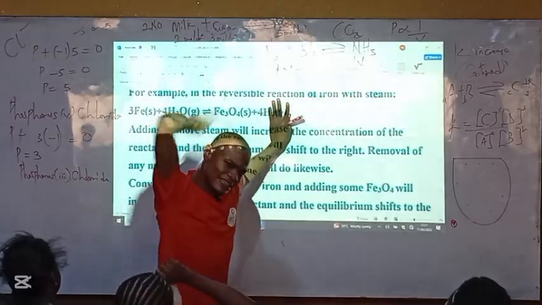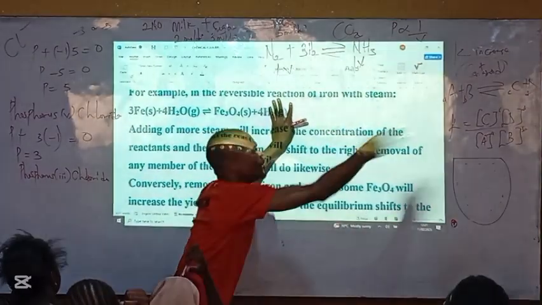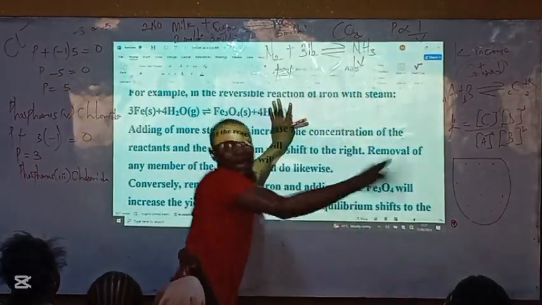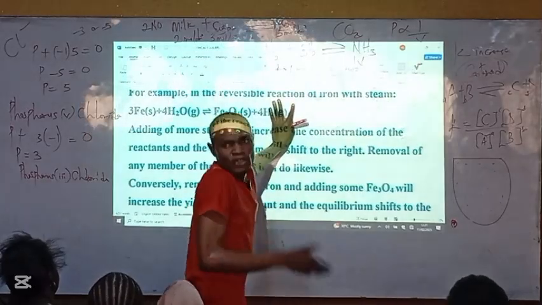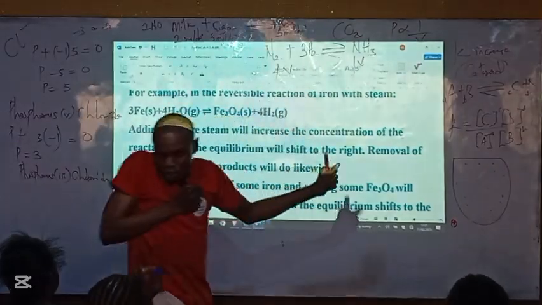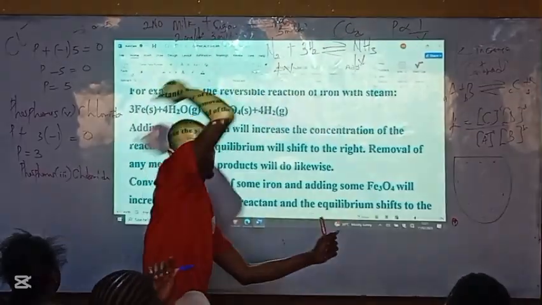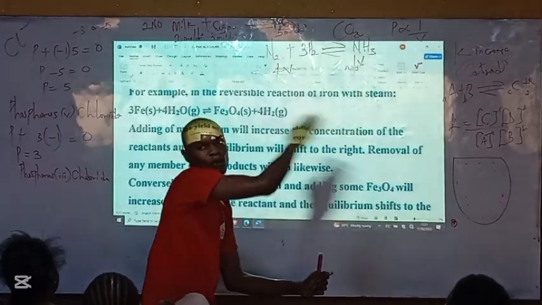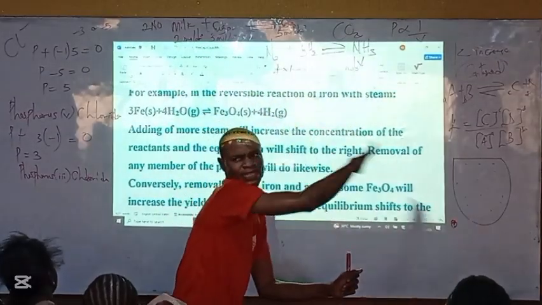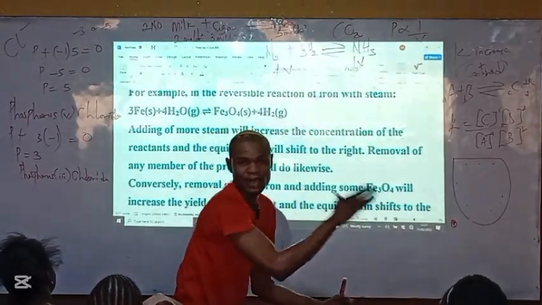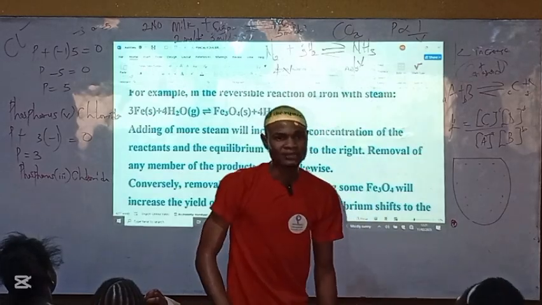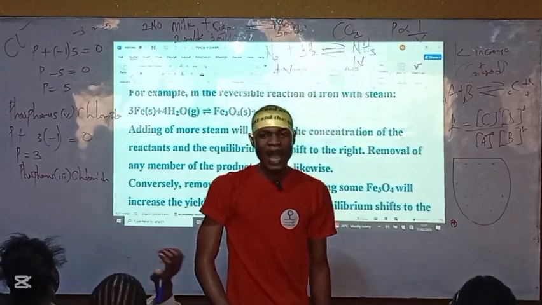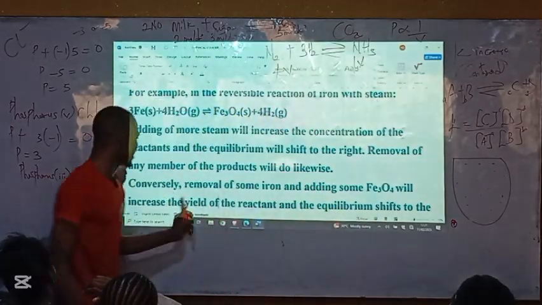The reactants will supply so that this hydrogen gas is formed back again. So when you reduce the concentration of this product, the reactants will form products, which means equilibrium will shift to the right hand side. That favors the forward reaction. Am I getting it now?